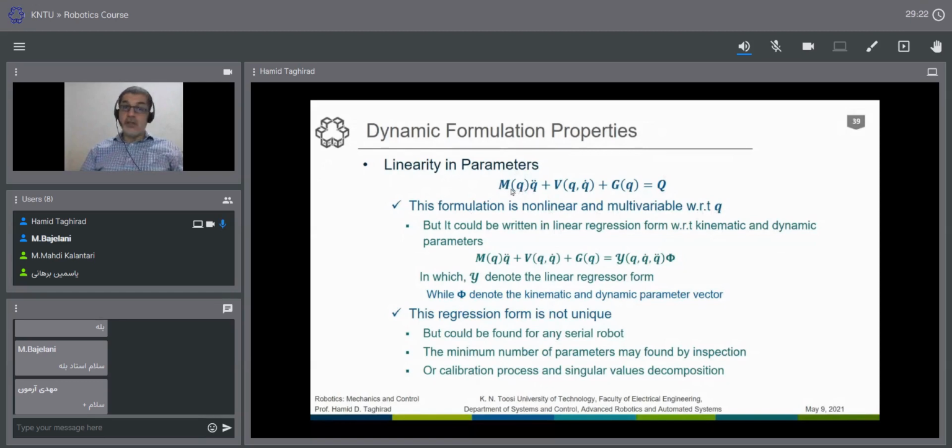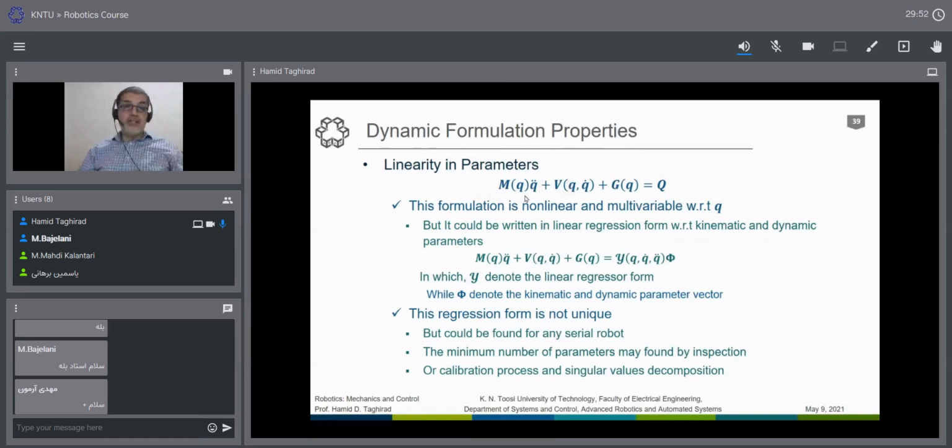It is a general multivariable nonlinear equation, especially the V term. As you saw, we have the Coriolis term and the centrifugal term, the squared and dot product of the linear and angular velocities, and it is computationally very intensive.